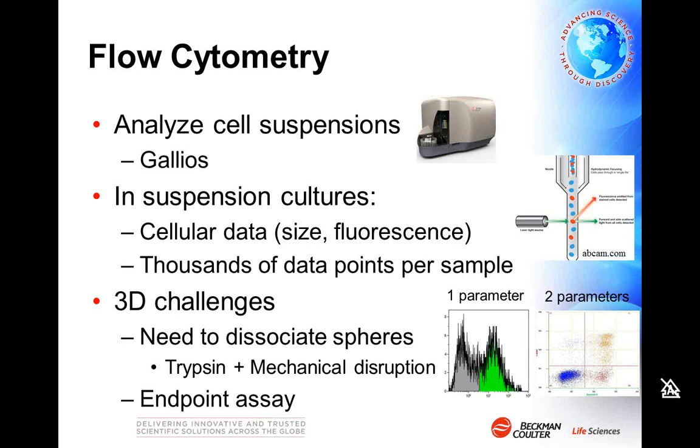Another drawback is that this becomes an endpoint assay. Your sphere is no longer a sphere, and the cells that you run on the flow cytometer are sent to waste unless you happen to have a cell sorter. So one of the advantages to imaging is that you could use a time course and watch your sphere over time, whereas flow cytometry again is an endpoint assay.